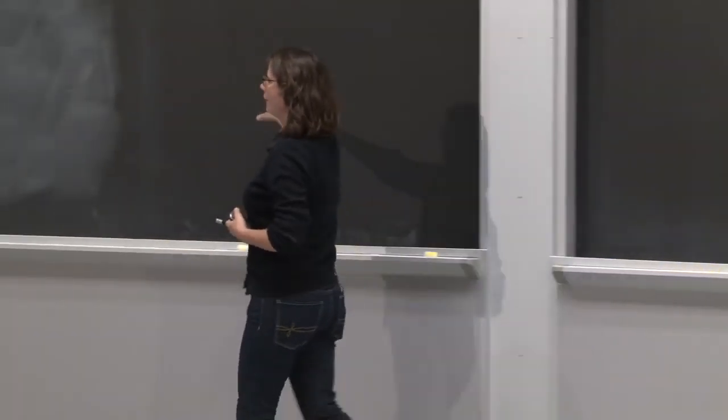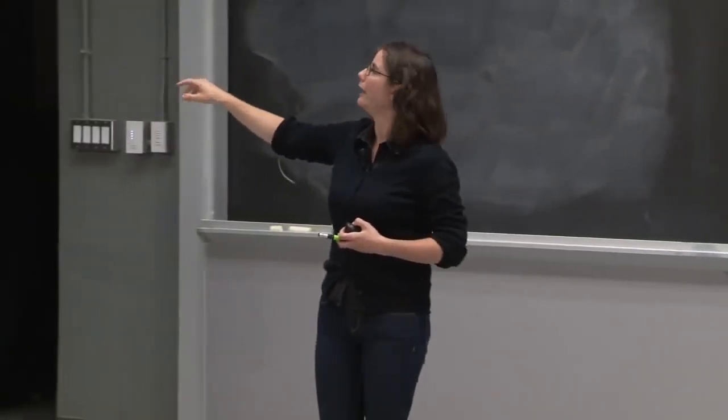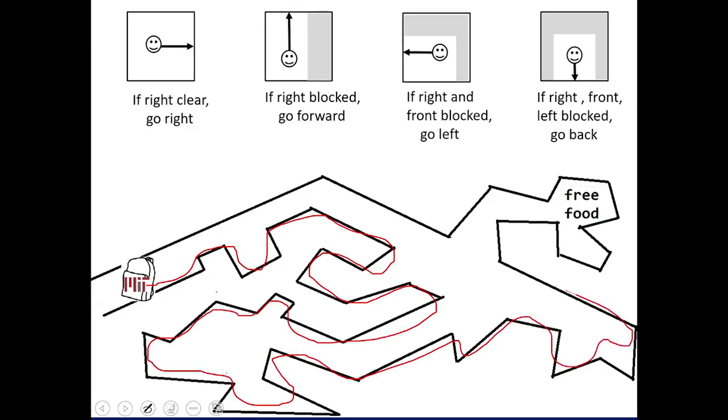If I keep going forward and there's a wall to my right and in front of me, I'm going to turn around and go left. Okay? And then, if there's a wall to my right, in front of me and to the left, then I'm going to turn around and go back. So with this fairly simple algorithm, I just follow the path, always keeping the wall to my right, and eventually I end up where I need to be.